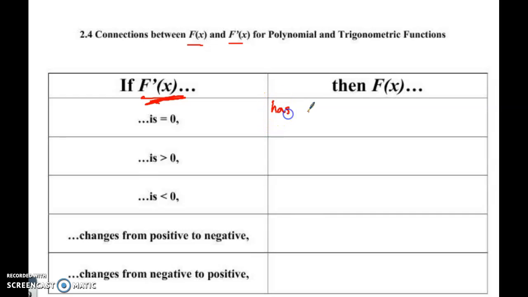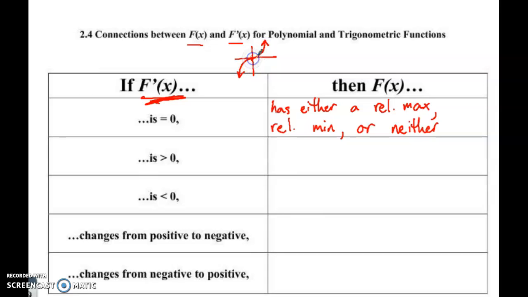It has either a relative max, a relative min, or neither, which seems weird, but don't forget that we could examine the cube function. Technically, at x equals 0 of a cubed function, the derivative is equal to 0, and it's not a min or a max. So that's why we do have another option.